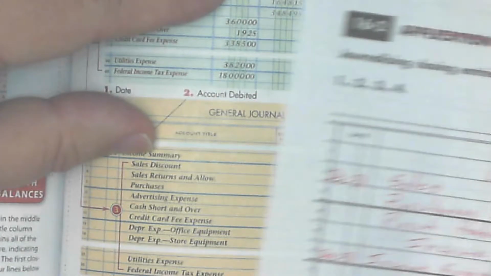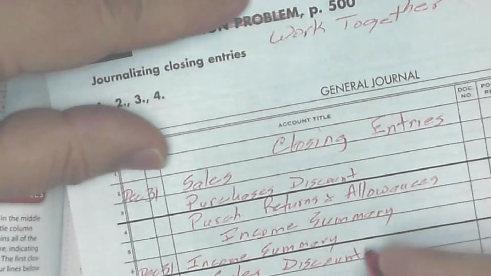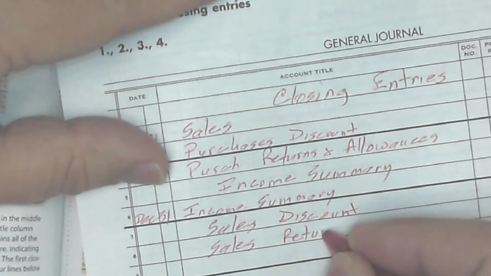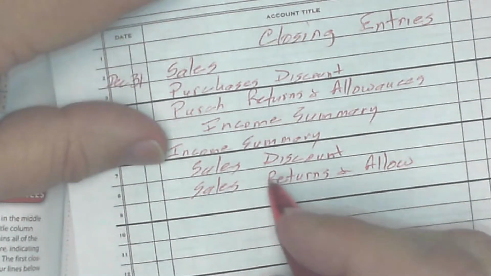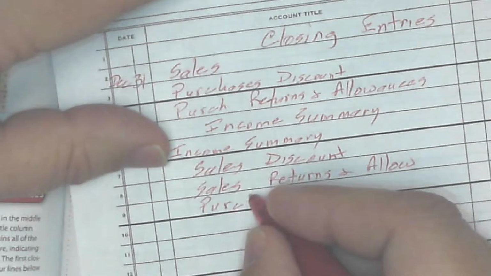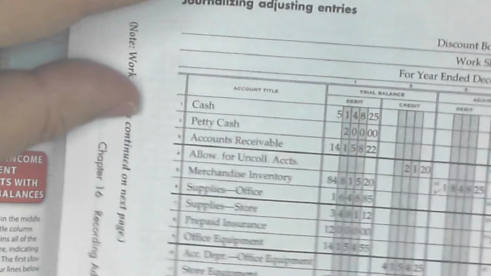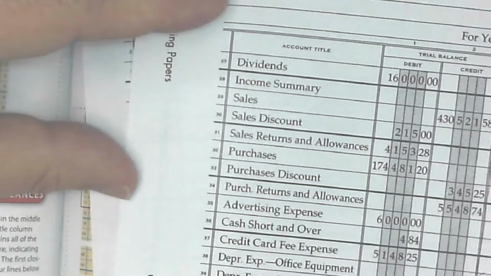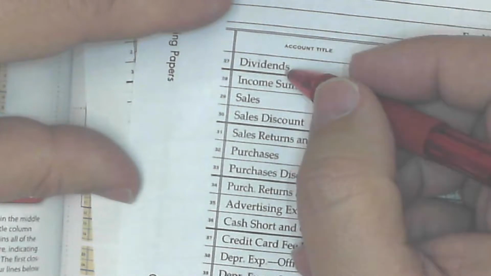So we've got sales discount, sales returns and allowances, purchases, so basically we're going to list everything.